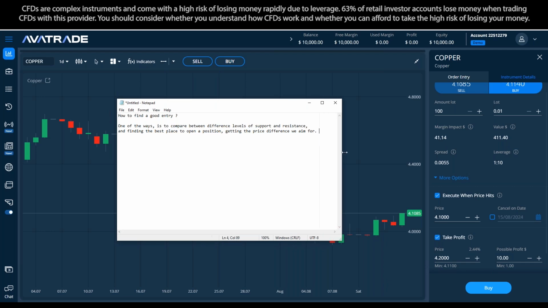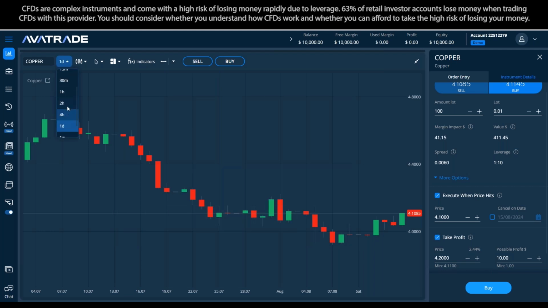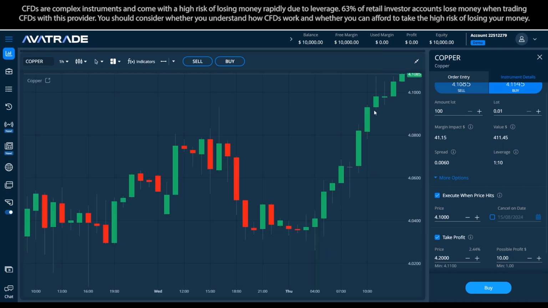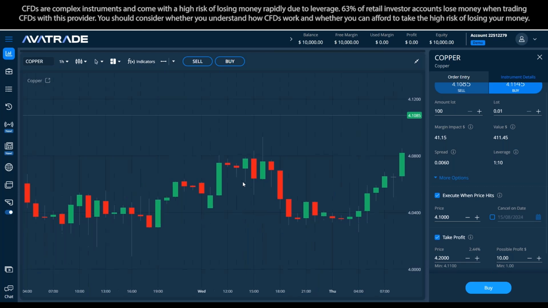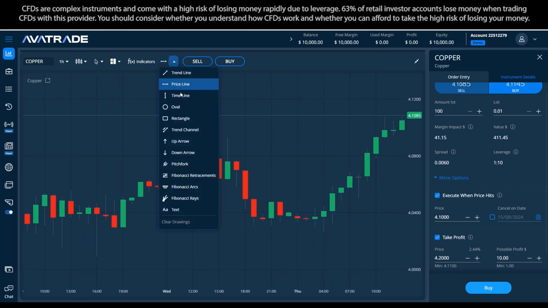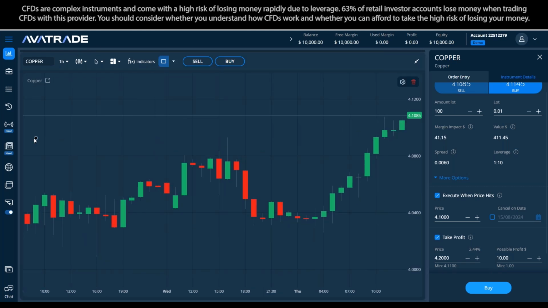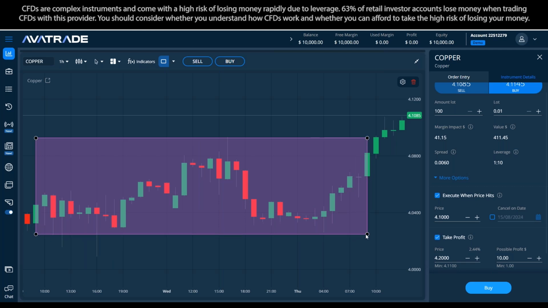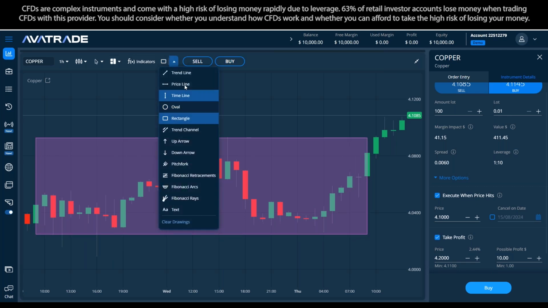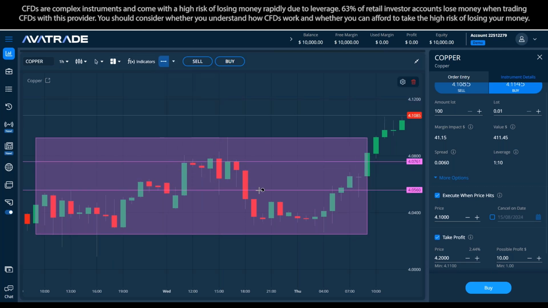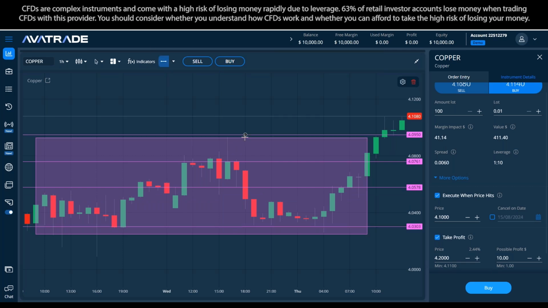Okay, of course this exercise can be done in a bigger time frame, in a smaller time frame. Still, it's going to work the same way. Let me show it to you, even if I switch to 1 hour. Okay, still we can look at the highest point and the lowest point and still compare certain levels and find a good entry.